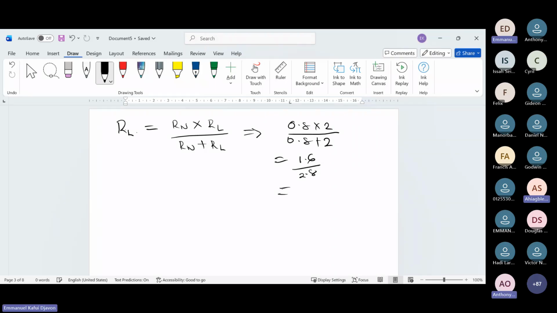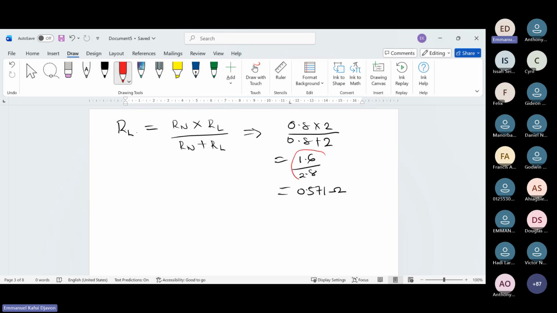So that will give us 0.5714. You are using a calculator, you are calling different answers for me. No, we are getting 0.57 exactly. Look at the numbers here, this is simple arithmetic.